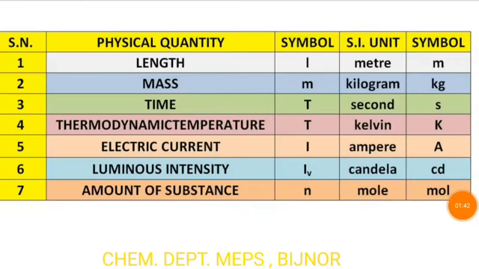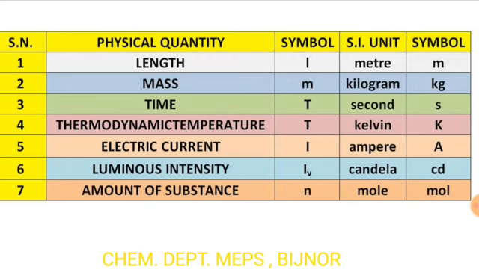So student, in a tabular form you have seen these are the 7 basic fundamental units. First one, length, mass, time, thermodynamic temperature, electric current, luminous intensity and amount of substance. These are the 7 basic fundamental units and they have 7 independent SI units.